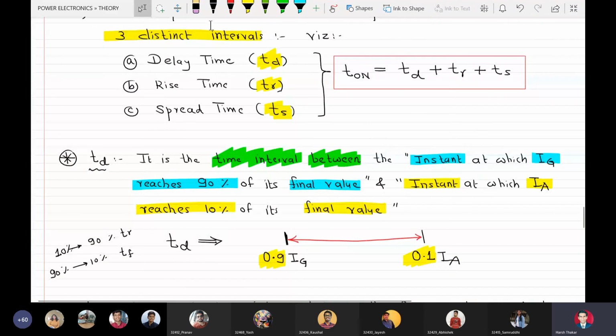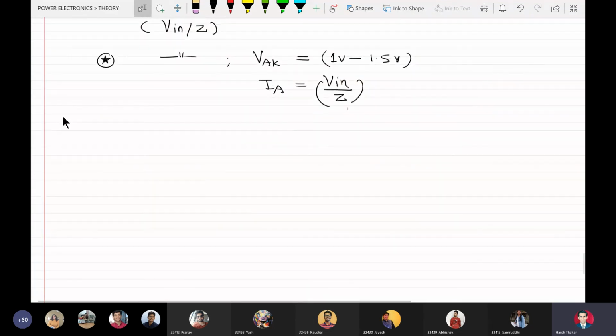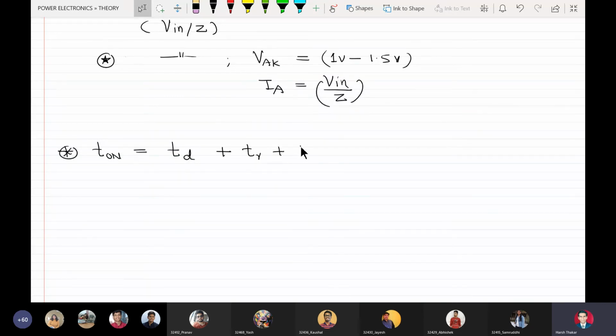As we said before, again we will mention this, the turn on time T on is an algebraic sum of delay time, rise time and spread time, and is typically from 1 microsecond to 4 microseconds.